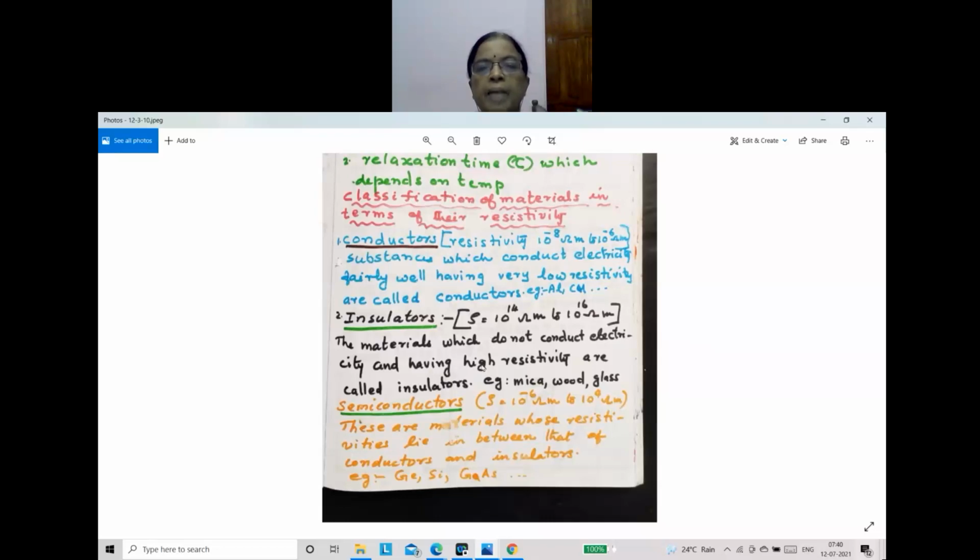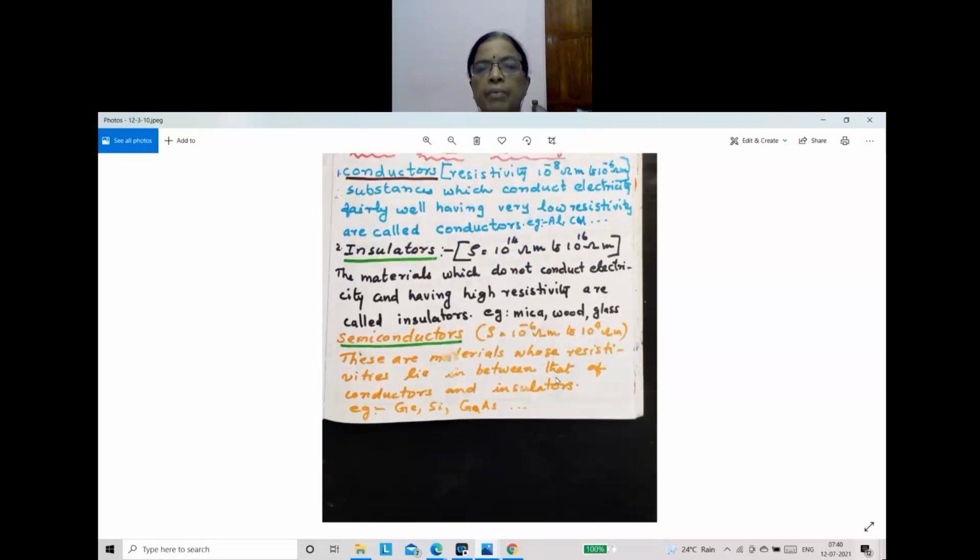But for semiconductors, resistivity is in between, 10 raised to minus 6 to 10 raised to plus 4. These are the materials whose resistivity lies in between that of conductors and insulators.